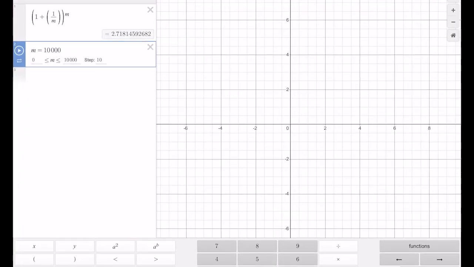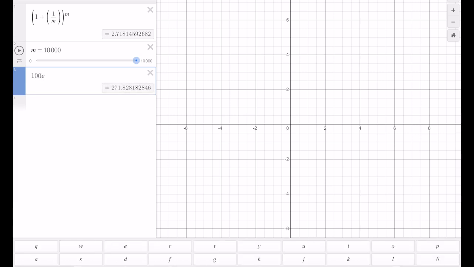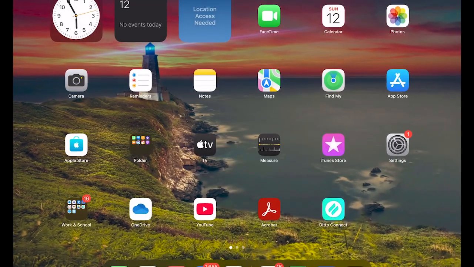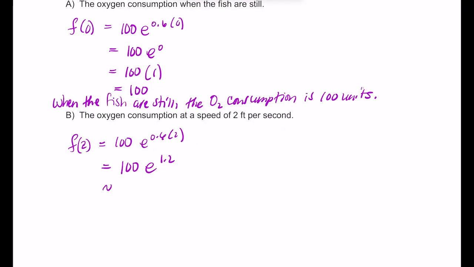So if I type in 100 and then e, and then we need a power, so it's to the 1.2, you get 332, and then some change. So it's about 332 units. So when the fish are moving at a speed of 2 feet per second, they use up about 332 units of oxygen.